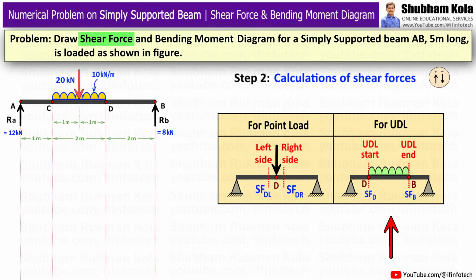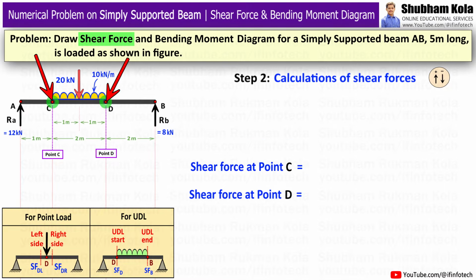But while calculating the shear force at uniformly distributed load, you should calculate shear force values at start point and end point of uniformly distributed load. That is shear force at point C and shear force at point D we need to calculate.